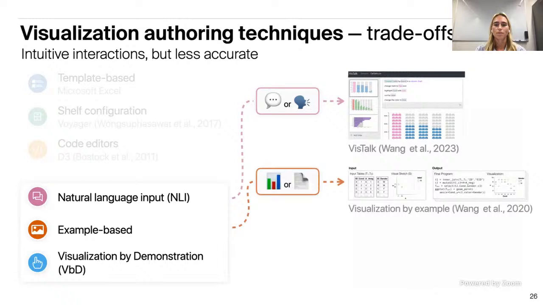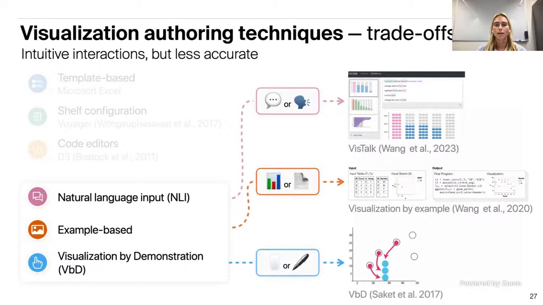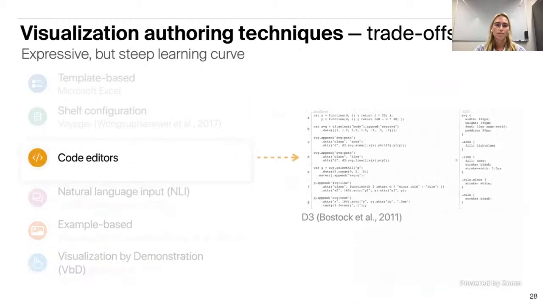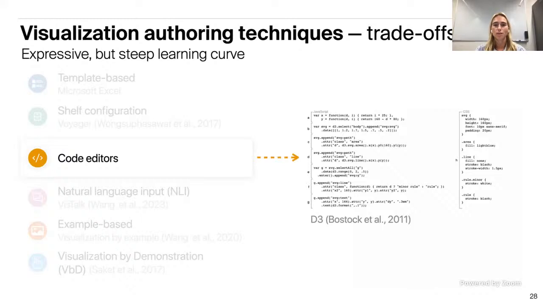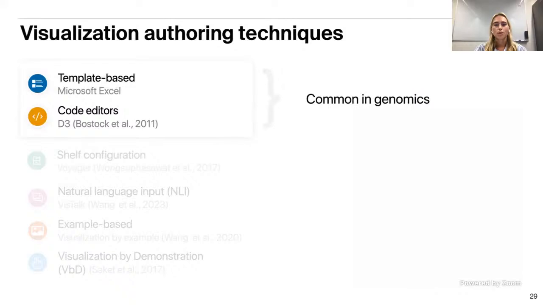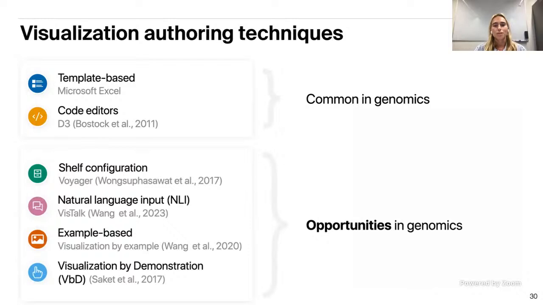Example-based techniques let users specify their intent with a sketch or an image. And visualization by demonstration allows users to use direct manipulation of graphical elements. And these techniques provide users with more intuitive interactions, but tend to be less accurate compared to others. Then lastly, there's code editing, which is likely more expressive, but comes with a steep learning curve. So in the genomics field, a few of these techniques have been adopted, but for many others, it's unclear. So this leaves actually opportunities for these other techniques, which we wanted to explore in our second study.